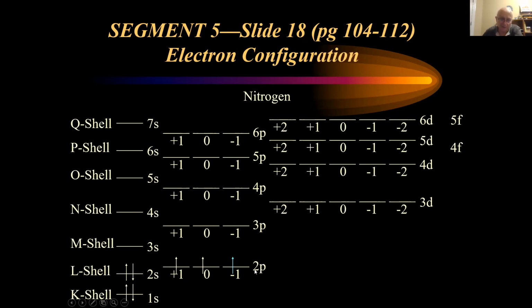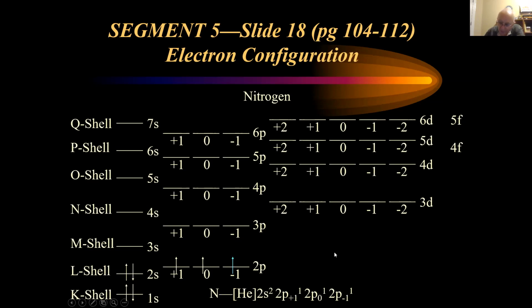Now let's get the quantum numbers again. It's in this orbital, that's 2. N is 2 and L is 1. The M sub L is this number here, it's -1. And the spin is up, plus 1/2. So I've got the 2s2, 2p plus 1 with 1, 2p 0 with 1, the 2p minus 1 has 1.